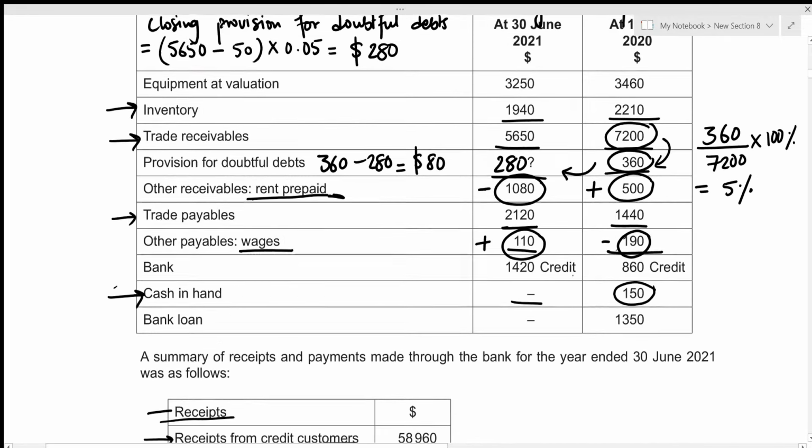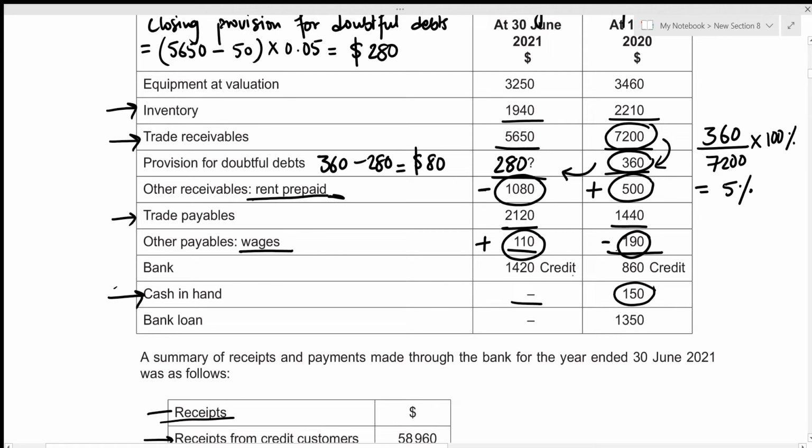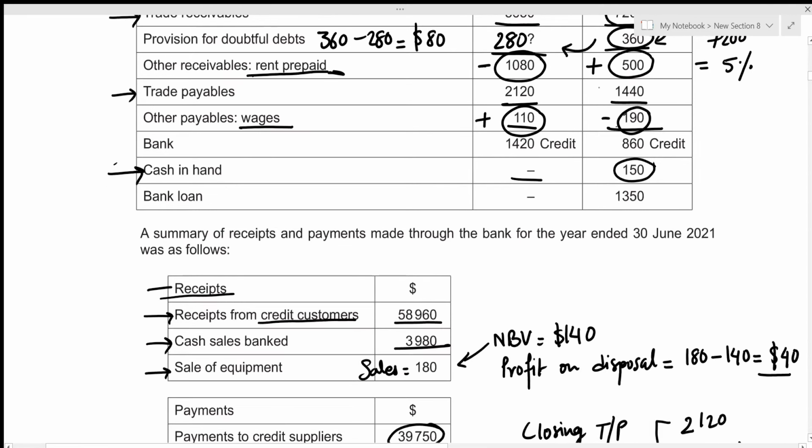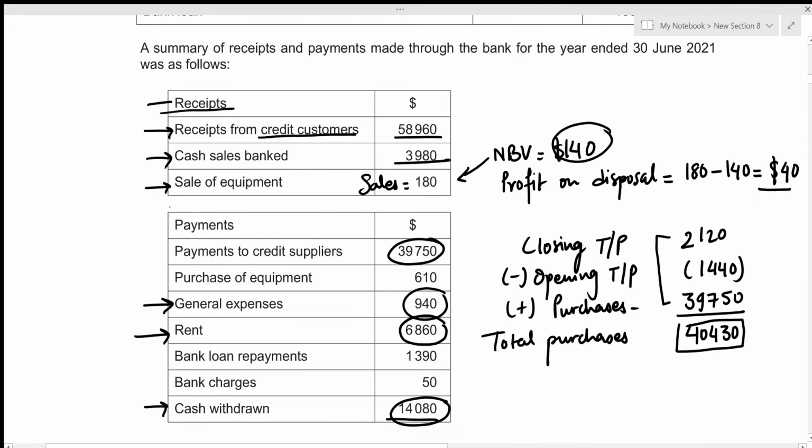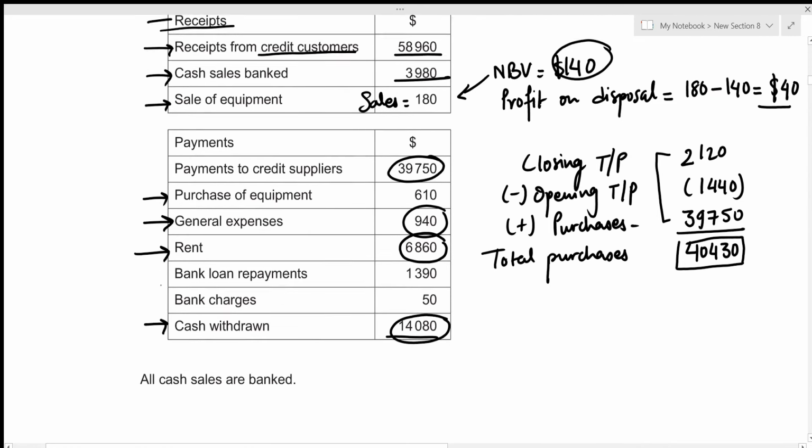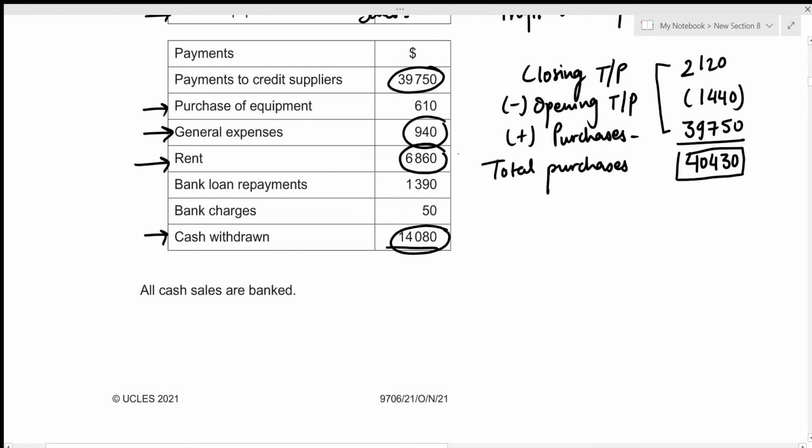We have equipment, so obviously there must be depreciation on equipment as well. We already have the closing value of equipment, opening value of equipment. We know the sales made in the equipment had the net book value of 140. Let's look if there were any addition to the equipment. So there is purchase of equipment. All right, now we will make a schedule for equipment. I'll write the format down first. So we always start with the opening value. And this is always the net book value.